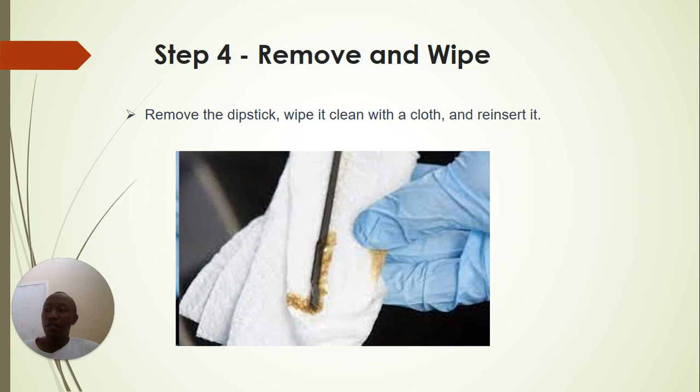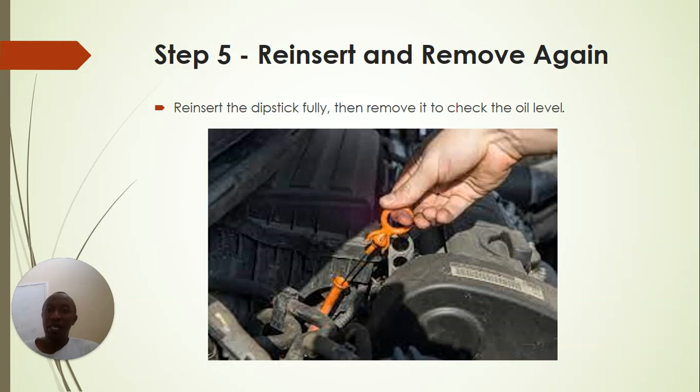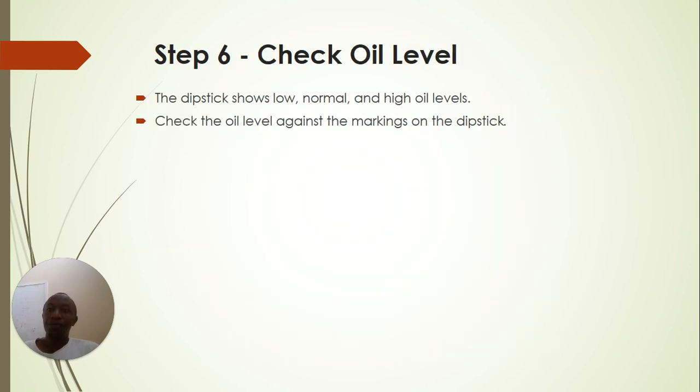The reason for that is you need to get the level at that time. So you use the cloth that we have indicated. You remove the dipstick and you wipe. Next step is you reinsert it inside the engine and remove it. So you're removing it and ensure that you don't put it in an upside down position.